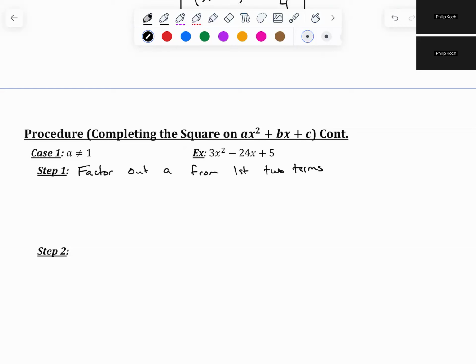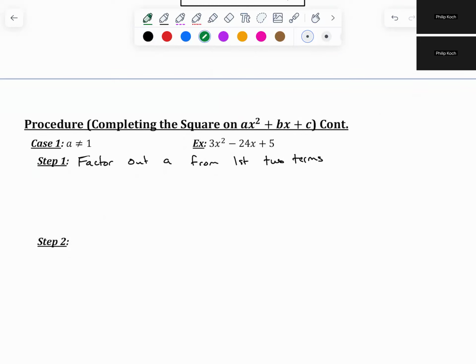Ideally, it works out. Ideally, it factors out from both of them. Every once in a while, it won't, but hopefully. So for example, in this one, 3x squared and 24x, they both have a common factor of 3, so we can do that. But don't worry about the C term. Very, very rarely will it be nice and neat.